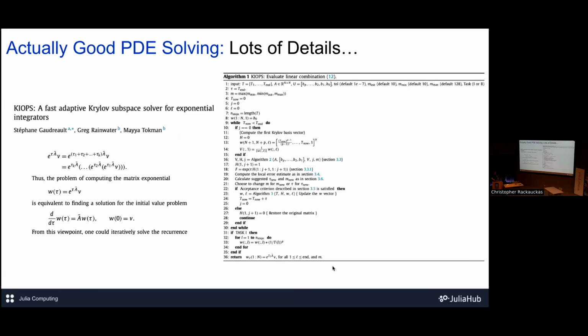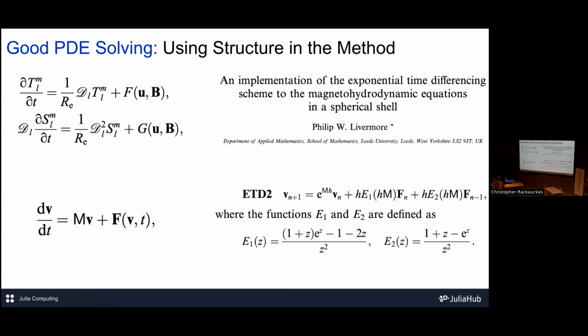You can see that that ends up being a pretty intense code, and so that ends up being the ExponentialUtilities.jl package, right? So even when you get down to something that is like a PDE specific kind of method, I need to write this specifically to my PDE solvers. If you look at it deep enough, you go, actually, I can write an ODE solver that can have this method in there. And if we spend enough time optimizing it, there's all these little details that make it 100 times, 1,000 times faster.